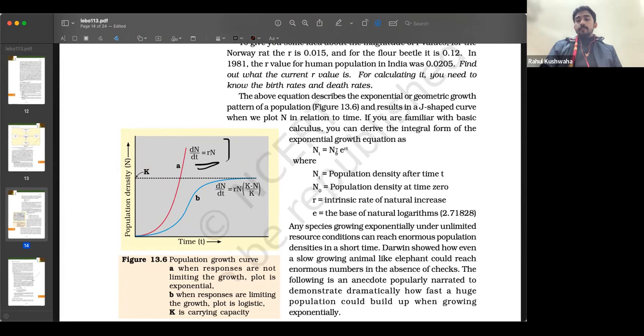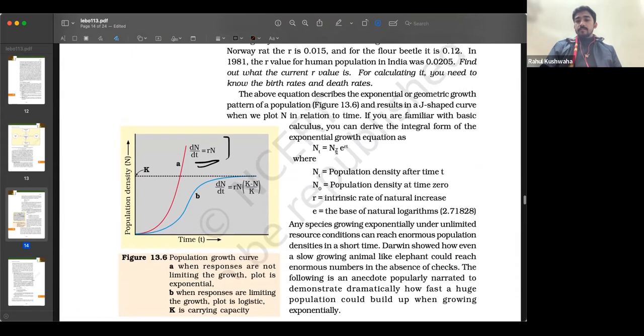If you have studied a little bit of calculus, you had maths, right? No? Okay, so just know that whatever we did till now was the differential form, dN by dt. We can also derive the equation in an integral form for the exponential growth, where this is Nt.